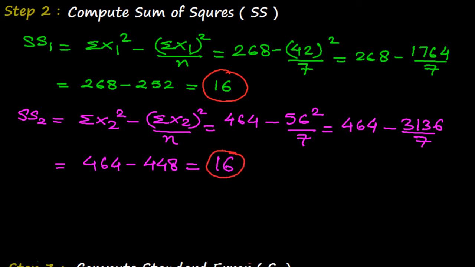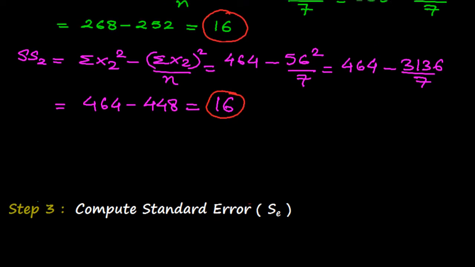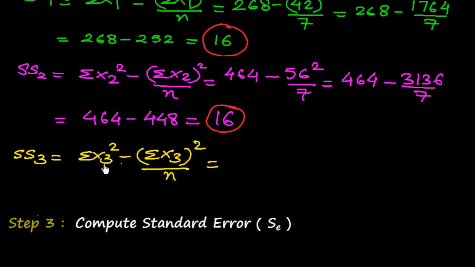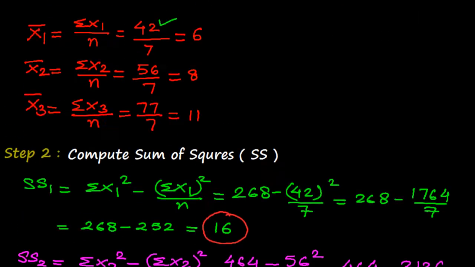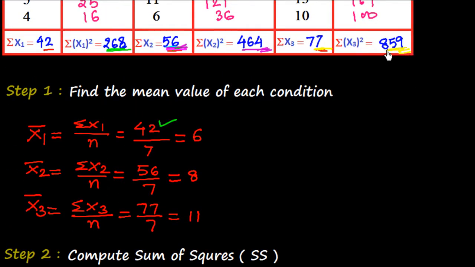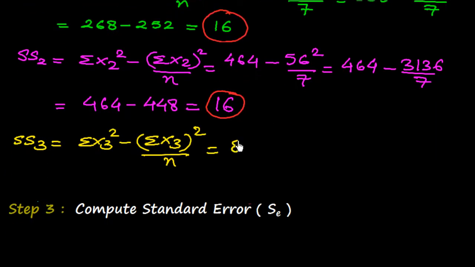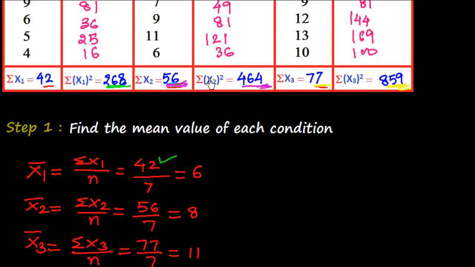Now we look at SS3. SS3 is equal to summation of x3 square minus summation of x3 whole square over n. So here summation of x3 square, look at here, is 859. So we write down here 859 minus summation of x3. Summation of x3 is here, look at here, 77.